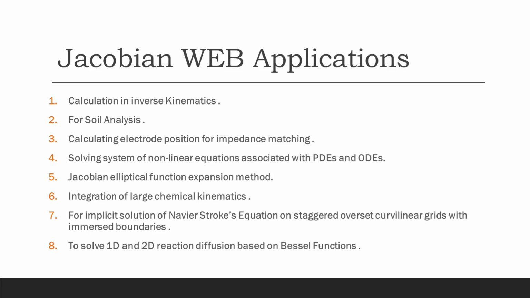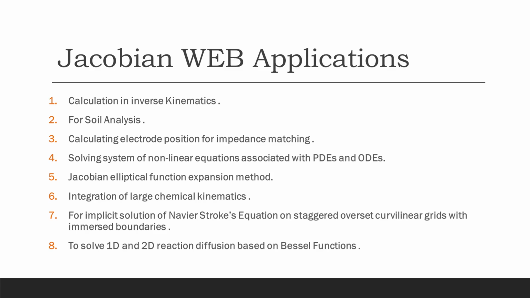Seventh, for implicit solution of the Navier-Stokes equation on staggered overset curvilinear grids with immersed boundaries. Explicit and semi-implicit schemes in flow simulations involving complex geometries and moving boundaries suffer from time step restriction and low convergence rates.